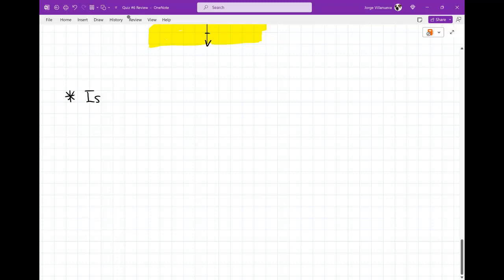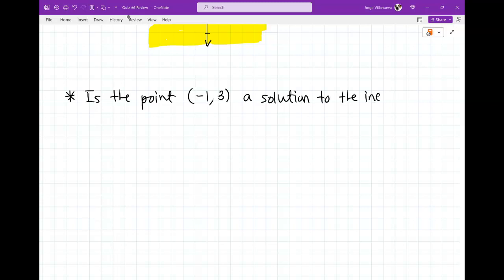So, is the point (-1, 3) a solution to the inequality? This would be number 6, and I'm only doing one. Let's say x plus 3y is less than 8.